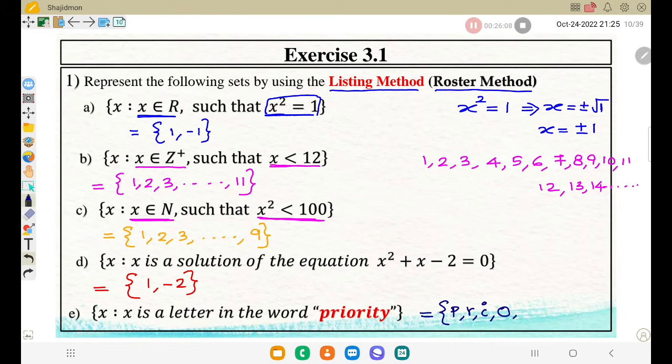Then again R, no need to repeat that one, R one time. So O, after that I is also repeating, no need. T is a letter and Y is a letter. So these are the letters in the word priority, correct. Hope you understood how to write the set in the listing method, or the roster method.